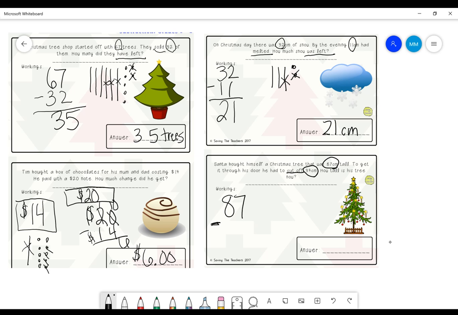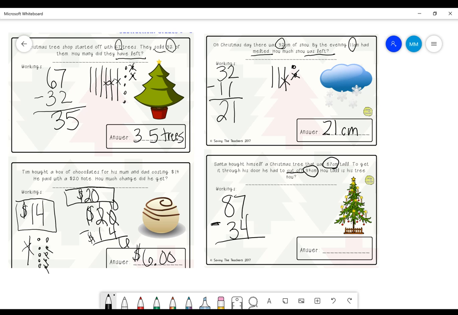So he started off with his tree being 87 centimeters tall. He had to cut off how many centimeters? Look at the other number I circled. The part that we are taking away is 34. The part that is left is how tall Santa's tree is now.